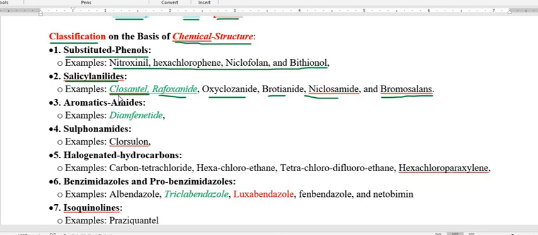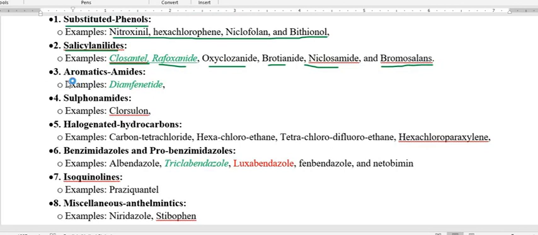But the problem is that if the drug has a low margin of safety and you are using a higher dosage, then the chances of toxicity are more. So in this salicylanilides group, closantel and rafoxanide are also used against the immature flukes in addition to the adult ones.